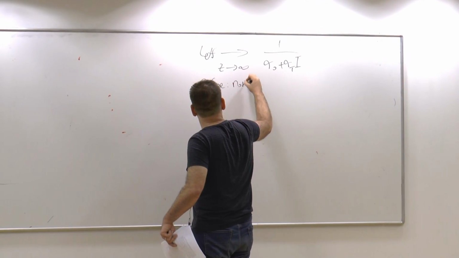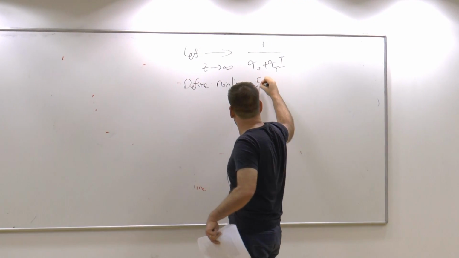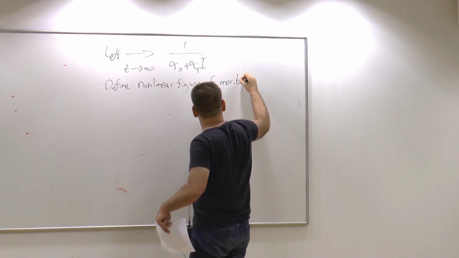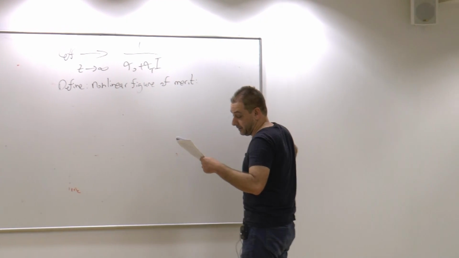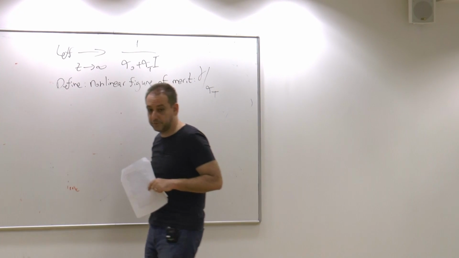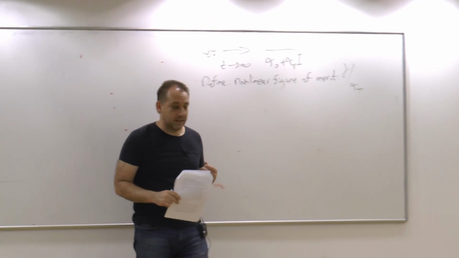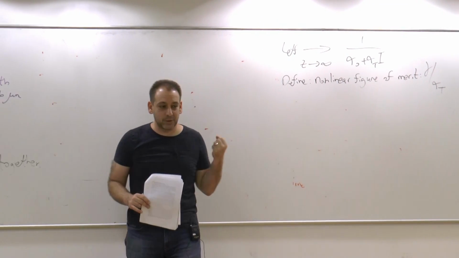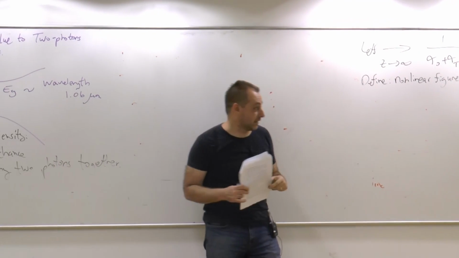With this in mind, we can define a nonlinear figure of merit in the following way, as gamma over alpha two-photon. And this is a representation of how much nonlinearities we can squeeze out of a waveguide.